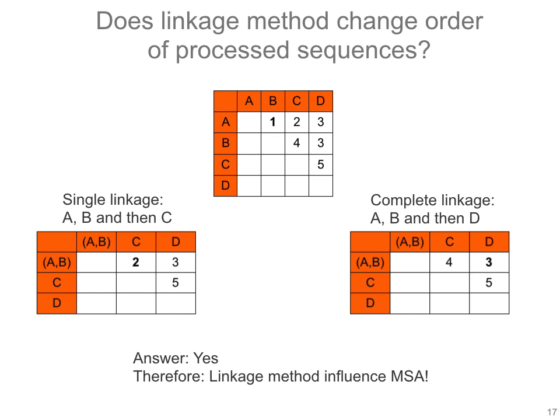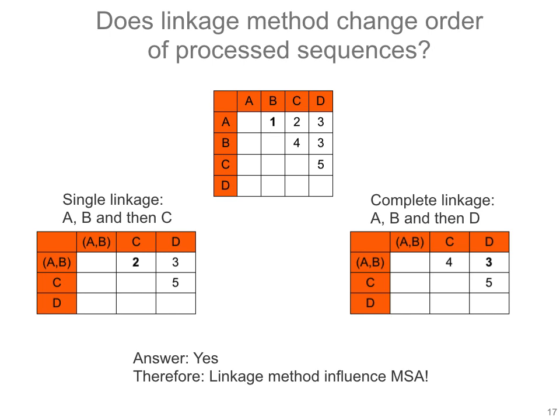So this is the overall result that we have. In the single linkage case, the next closest to A and B is C, whereas in the complete linkage case, the closest to A and B is D.